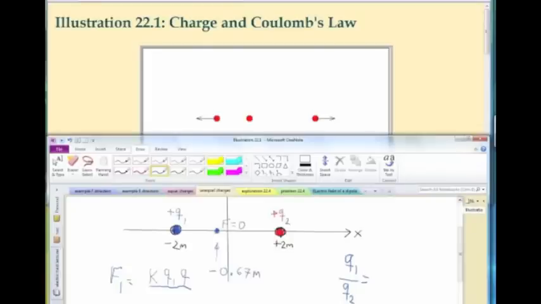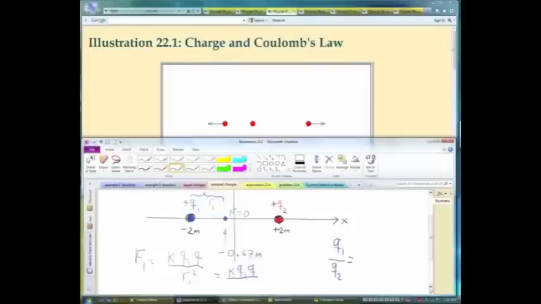That distance will be 2 minus 0.67, right? If you want to call it R1, it's going to go here, R1 squared. So this is going to be equal to K times Q1 times Q divided by, how much is that? 1.33, and that goes squared. Correct?